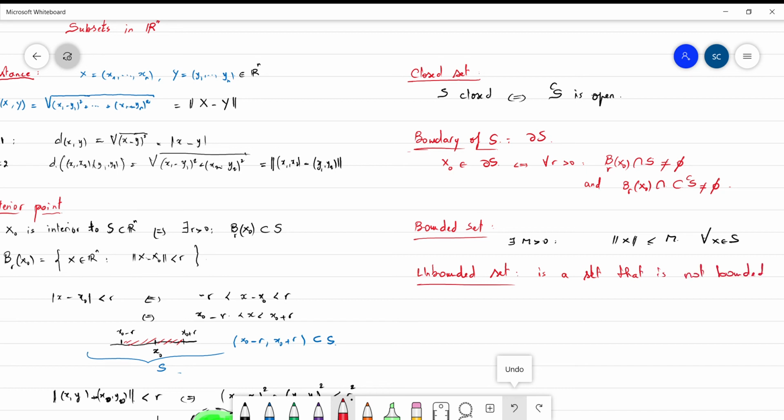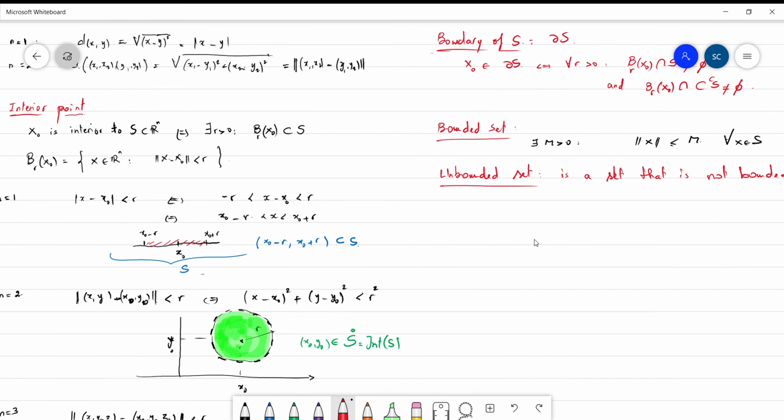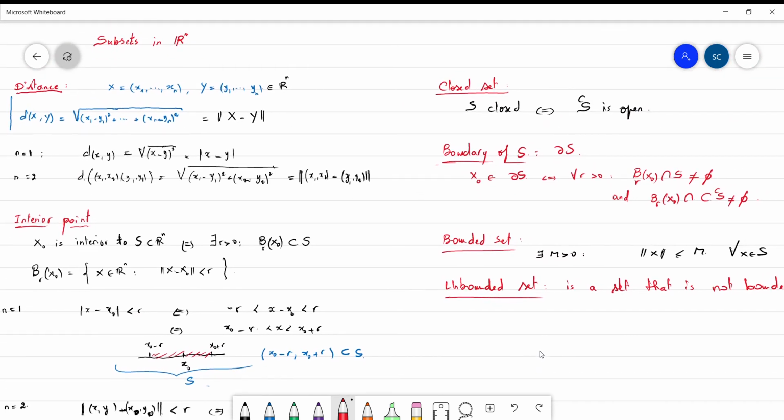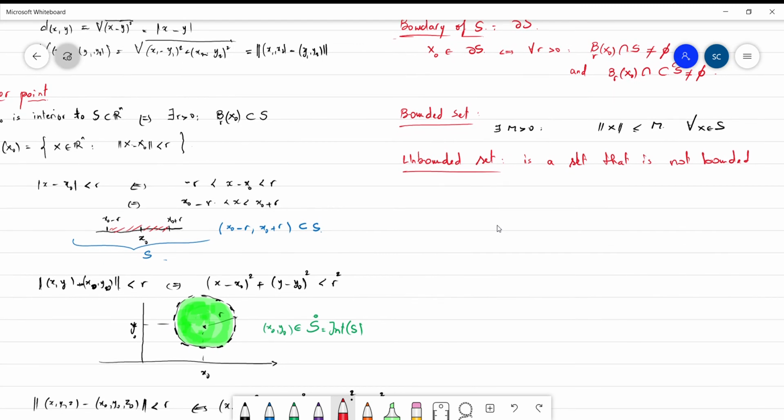Okay, and then there is another property we will need. This property is convexity. Convexity is another property that doesn't use distance.